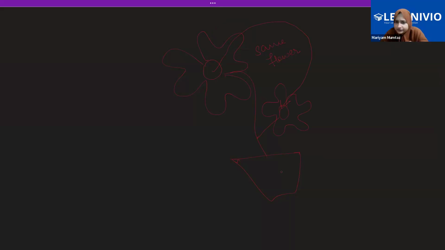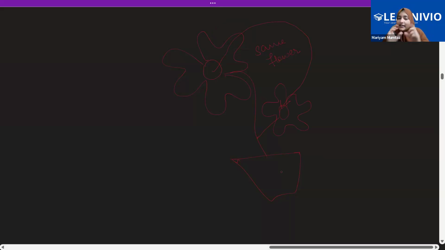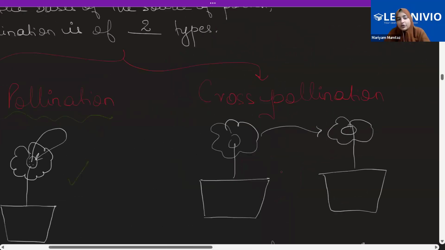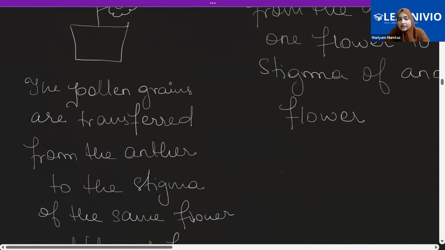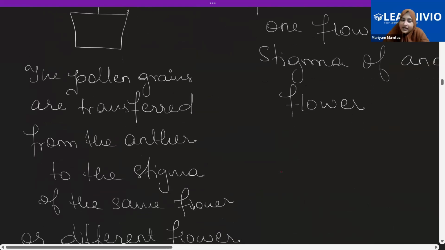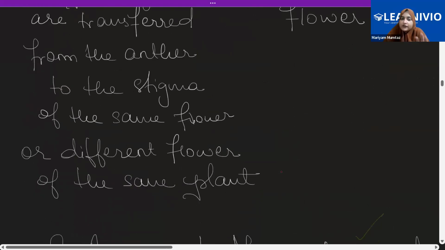Because here the gametes are being transferred from one flower to another flower, but the plant is the same. It is happening in a single plant. So the kind of pollination when the pollen grains are transferred from the anther to the stigma of the same flower or of a different flower is self-pollination.